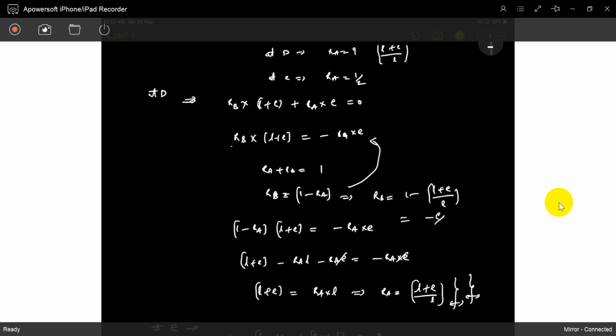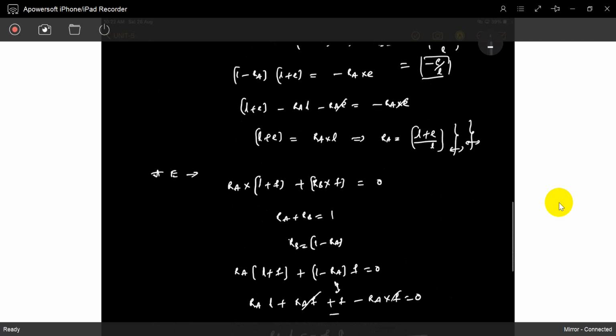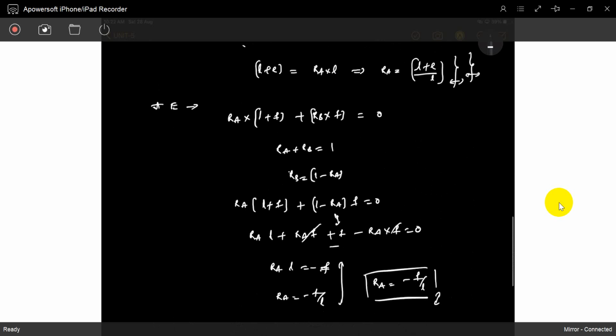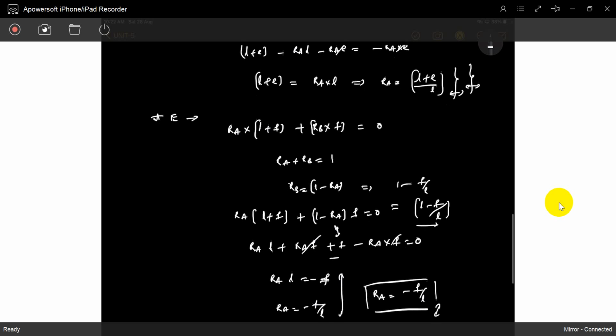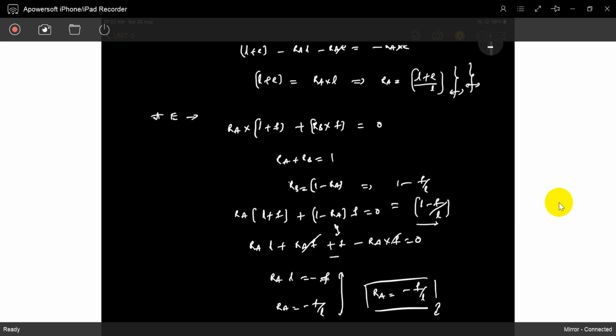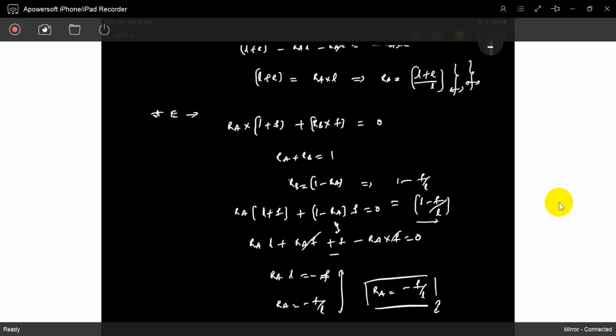L minus L minus E by L. RB is minus E by L. So in this place, RA is minus F by L, and RB is 1 minus RA, so it becomes L plus F by L. RB is 1 minus RA, RA is minus F by L, so 1 plus F by L.